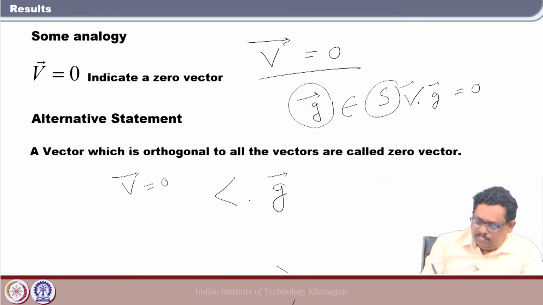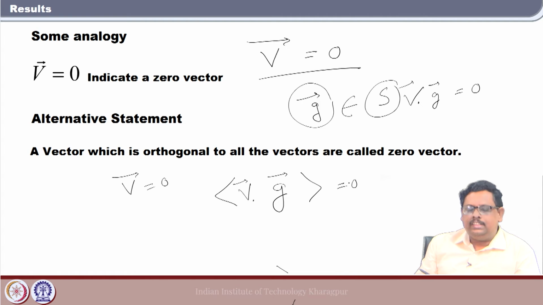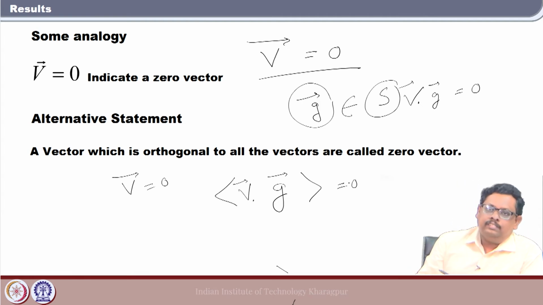Now, if it is so, then the dot product of V with that G is always equal to 0. That means V is orthogonal to all the vectors in that vector space. It means V is a 0 vector, right, because you cannot find a vector V apart from the 0 vector that gives 0 when you take a dot product with any other vector.